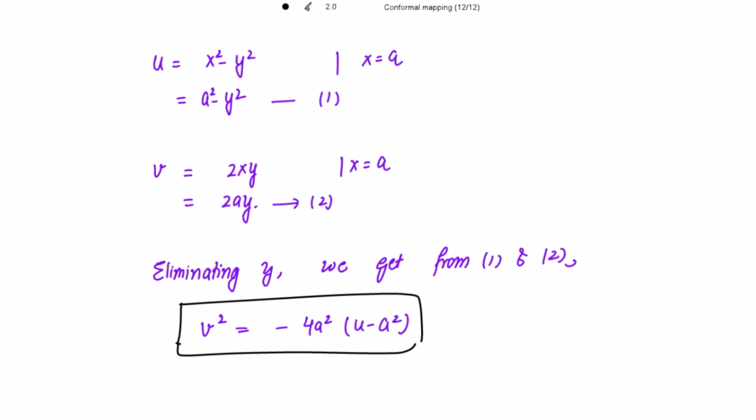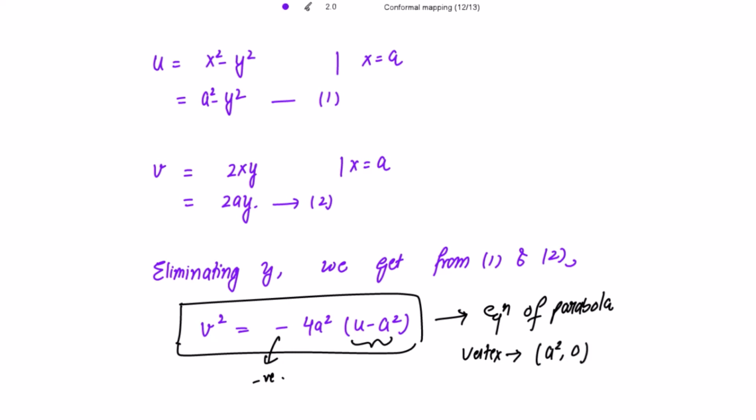This equation represents a parabola, right? In the negative direction, because we have the negative sign here. So in the negative u-axis direction, this is the equation of a parabola with vertex, here we have u minus a square, so the vertex becomes a square comma 0.